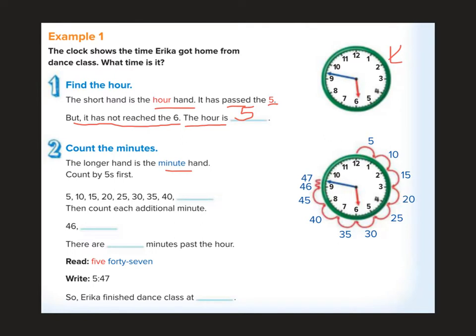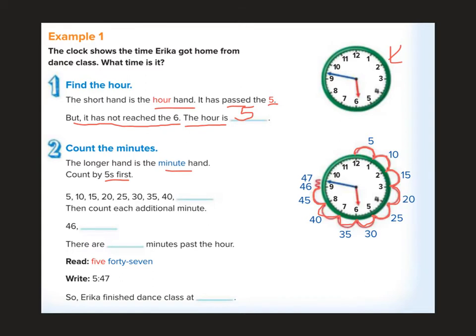That's the longer hand. First we're going to count by 5s. We start at the 12. We don't say 5 at the 12, we start at the 12. Okay, and we go 5, 10, 15, 20, 25, 30, 35, 40, 45. Now, to count the minutes, I have to count by 1.